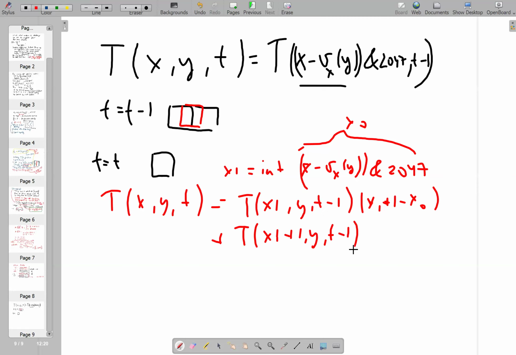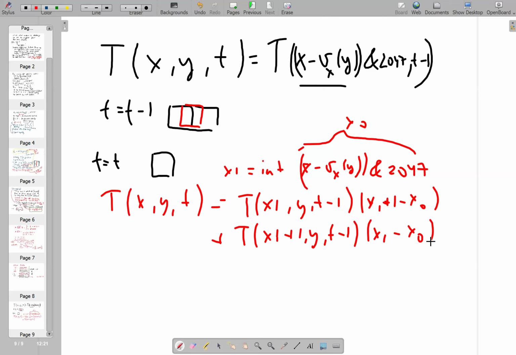And now we take another weight, and the other weight is how far it is from x1. The sum of weights is 1, so we don't need to normalize. Otherwise, if the sum of weights is not 1, you will need to divide everything by the sum of weights. But here the sum of weights is 1 already. So the weight is how far it is from the other pixel.